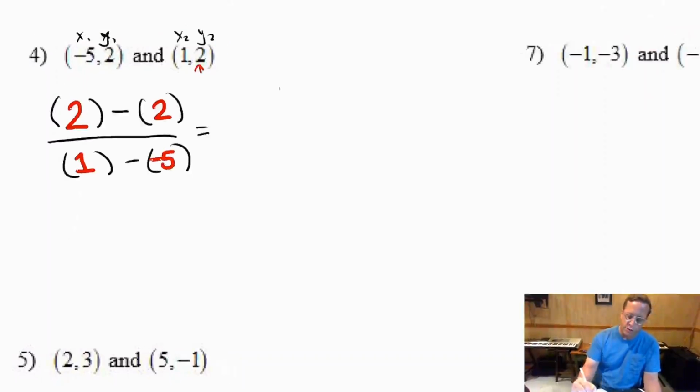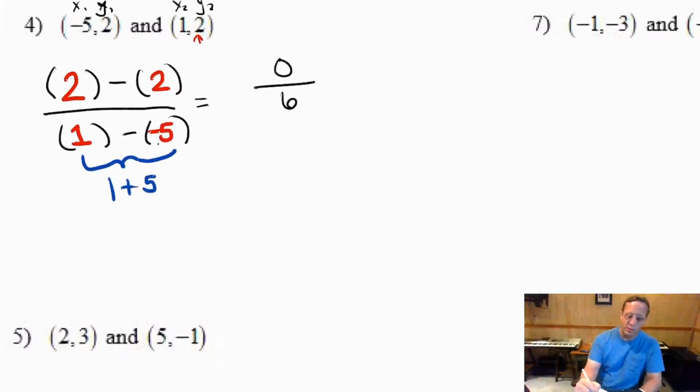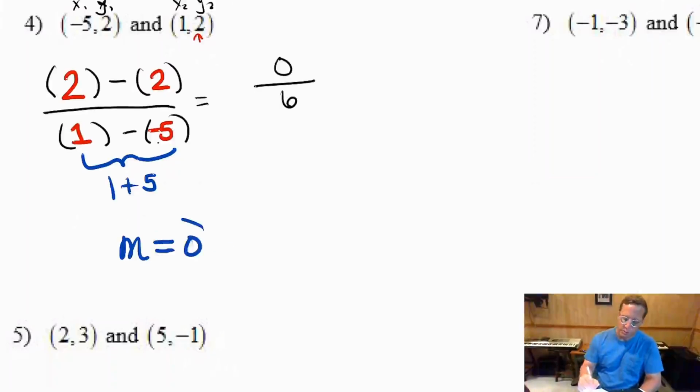Then 2 minus 2 is 0. Down here, this is really 1 plus 5, which makes 6, but that doesn't really matter. What does matter is that we didn't get a 0 in the denominator. So this has a slope of 0. M equals 0 for that one.